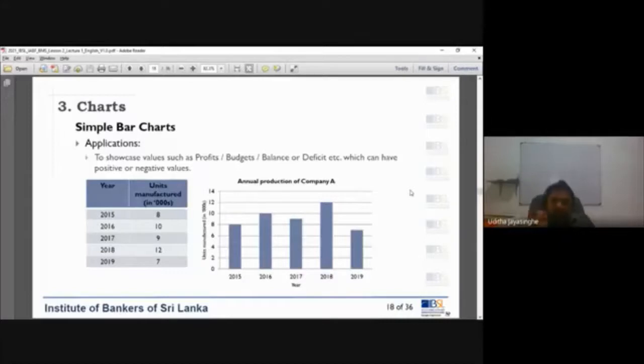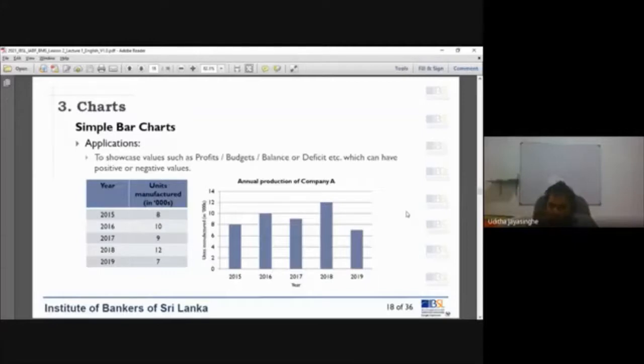Okay. Look at this data set. We have years here, 2015 to 2019, and units manufactured in thousands: 8,000, 10,000, 9,000, 12,000, and 7,000. This is going to be my tabular form, and now I am going to convert it to a simple bar chart to have a greater understanding compared to the table.